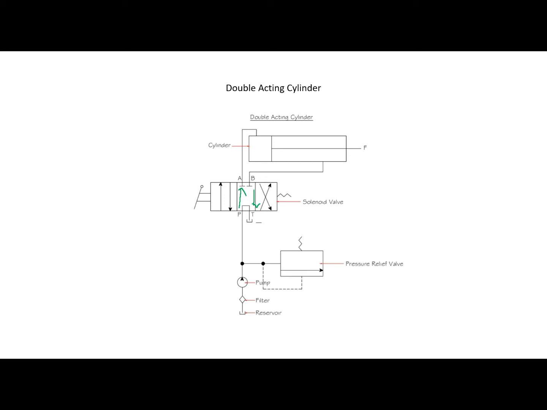Thus, the pump flow goes through the relief valve at its pressure level setting unless the four-way valve is deactivated. In any event, the system is protected from any cylinder overloads.